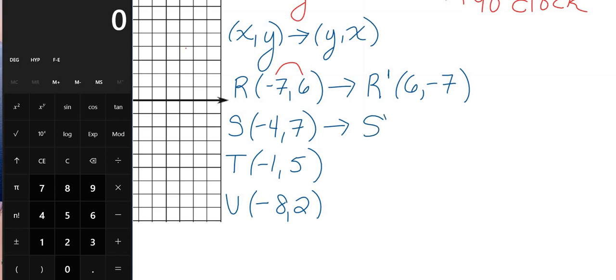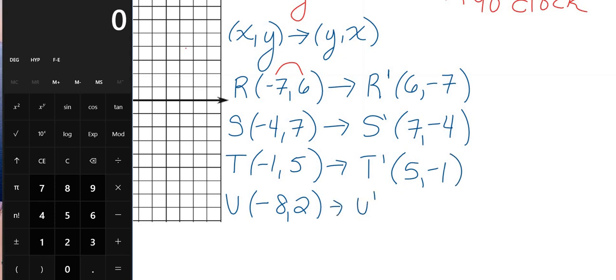S prime is going to be at 7, negative 4. T prime, 5, negative 1. And then U prime, 2, negative 8. So the rule is really easy to memorize when you are reflecting over the line y equals x.